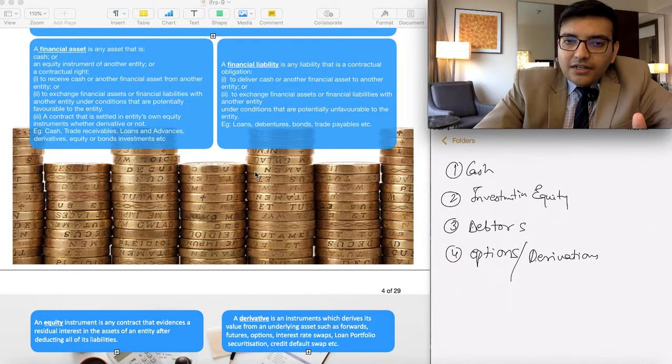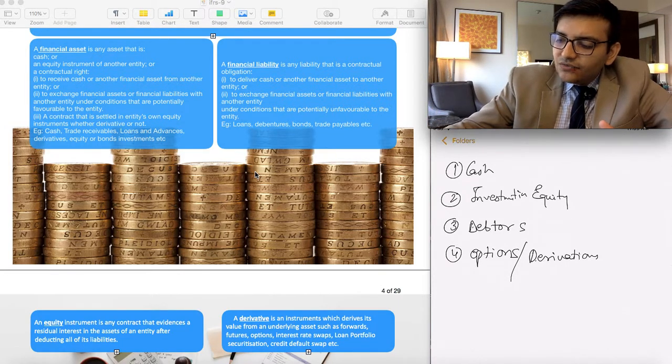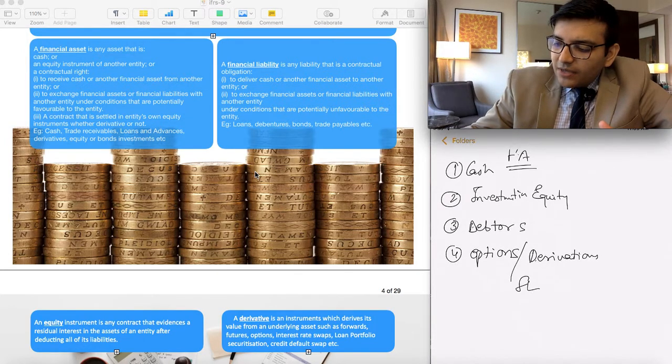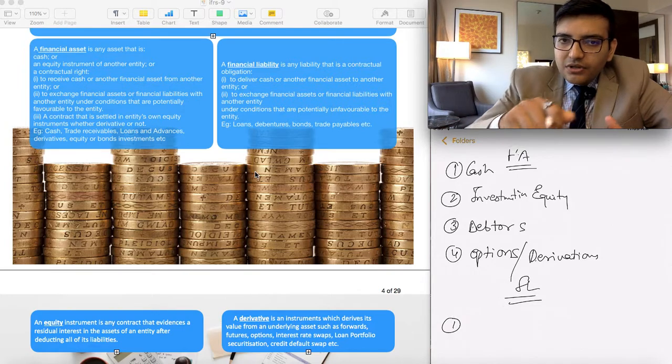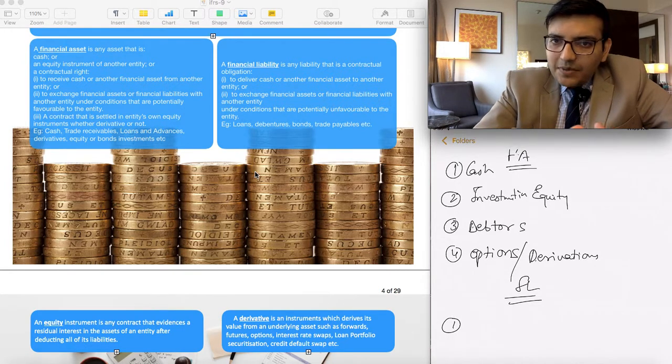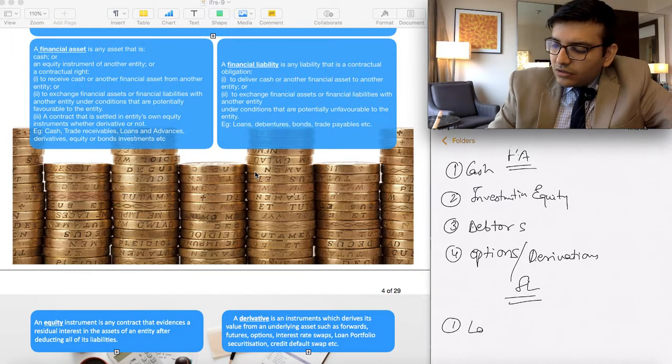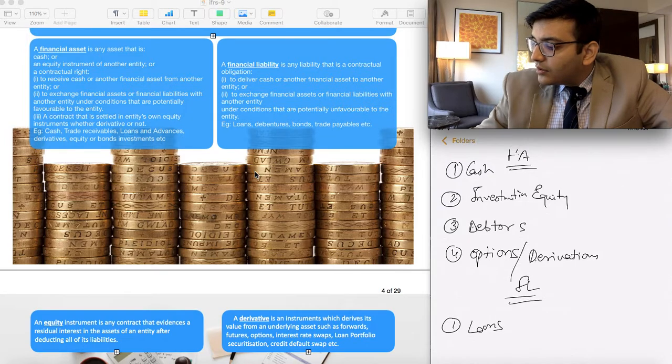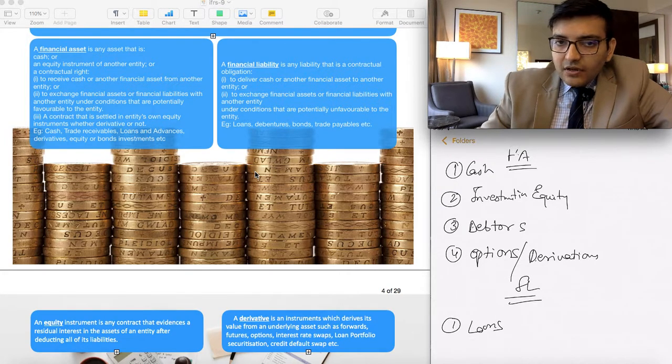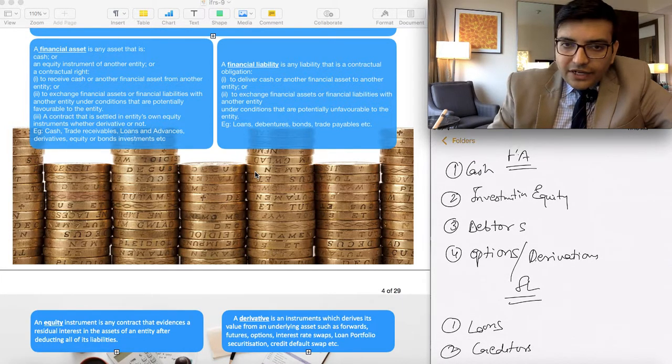Then the third part is, what is a financial liability? These were financial assets. Now financial liability is simple, the same definition goes here: any liability that is a contractual obligation to deliver cash. So any loans for which you have to pay cash, creditors, that is also your financial liability.